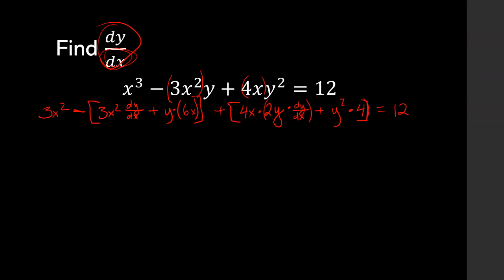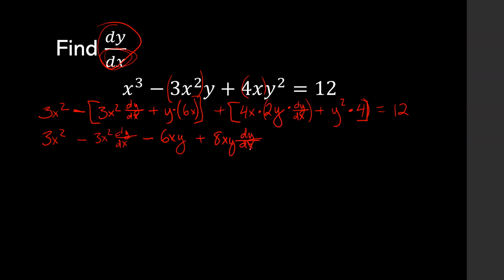And maybe I'll finish this one up and then stop. So we're going to have to distribute and be careful. So 3x squared minus 3x squared dy dx. We can't combine those because of the dy dx. Minus 6xy plus, what is that? 8xy dy dx.